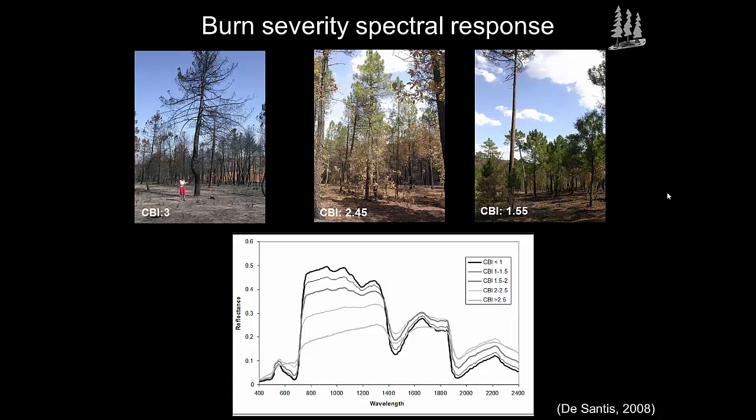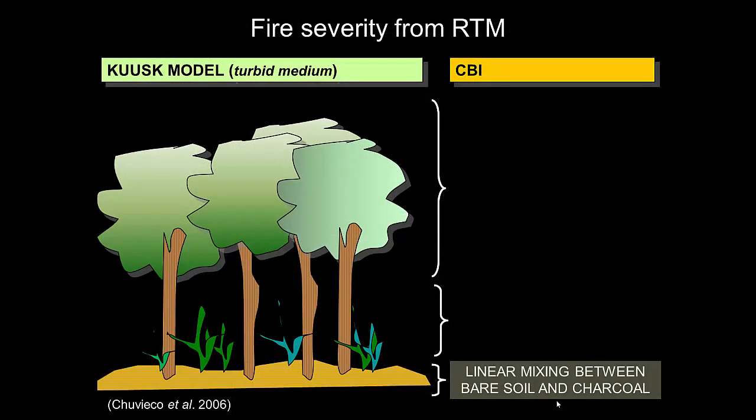So as for many other applications, the key point to be able to detect different levels of CBI with remote sensing data is that these different levels present different spectral responses.